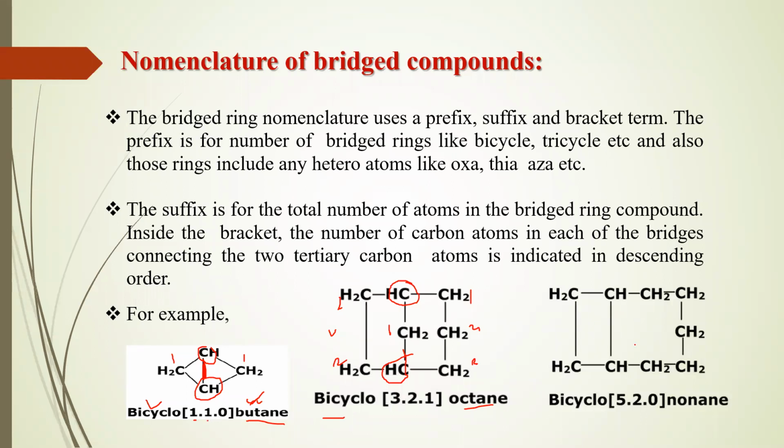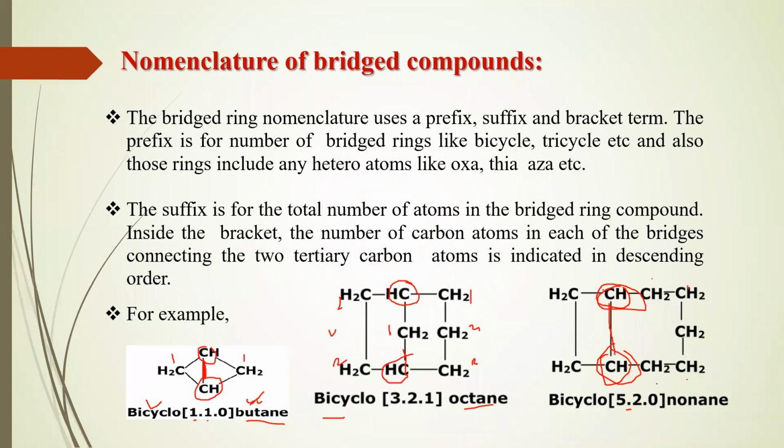Same, this is represented in that system. This is a ternary carbon atom, this ternary carbon atom. These two ternary carbon atoms are attached in this group, then in between these two there are 5 CH2 groups present, therefore represented as 5.